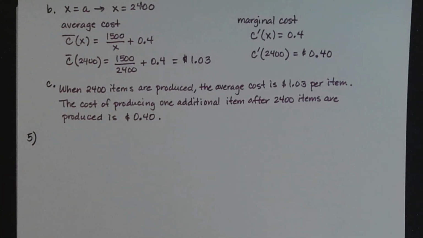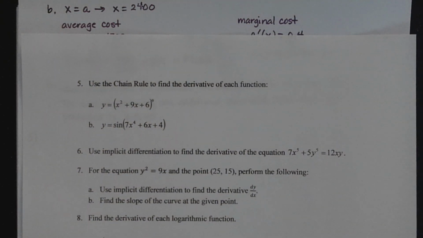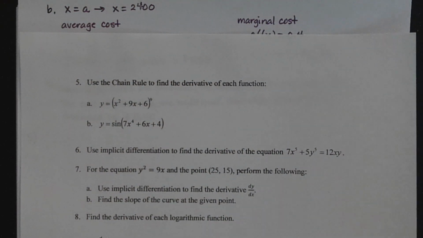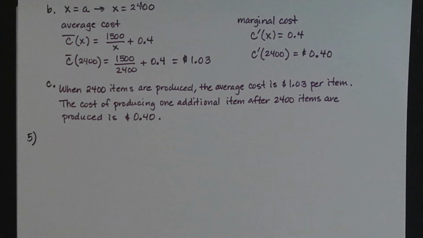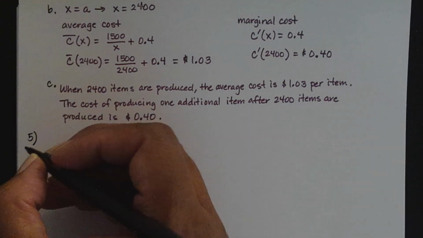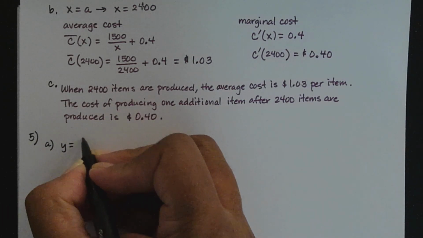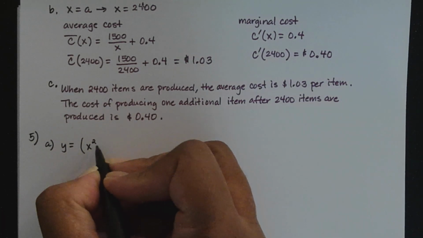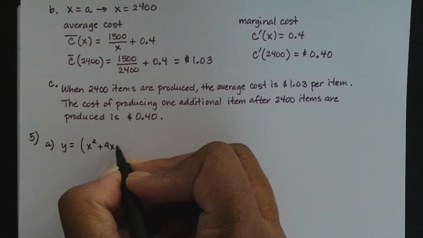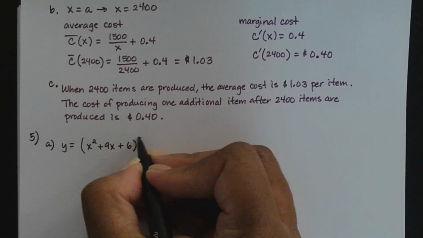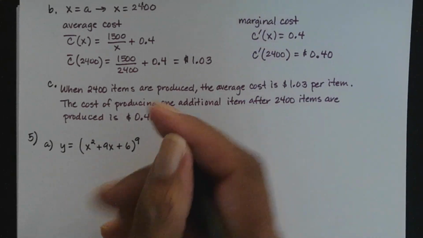All right, in problem number 5, here we're going to use the chain rule to find the derivative of each function. Let's start with part A. Here we got y is equal to the quantity x squared plus 9x plus 6, and that's to the 9th power.